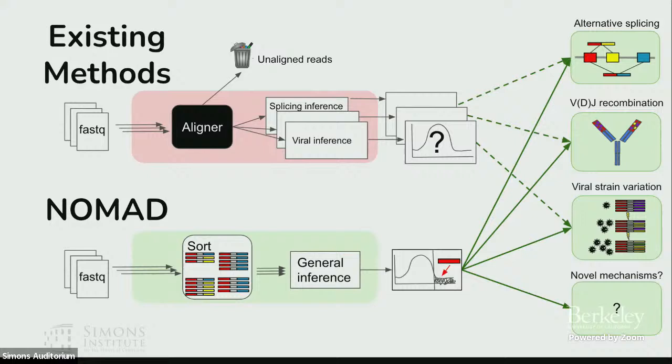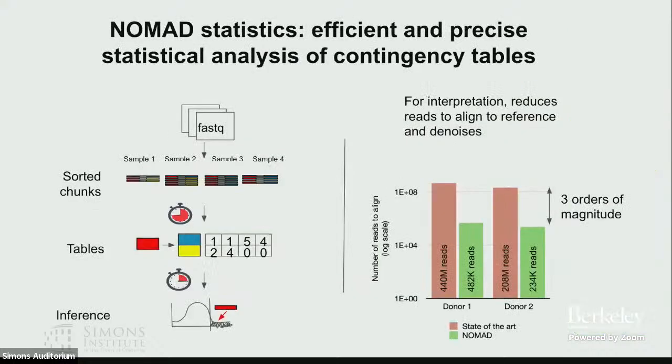And in the same algorithm, as I'll tell you about now, it has allowed us to detect alternative splice variants more powerfully than the state of the art, VDJ recombination, which is the basis of how antibodies and T cells are generated, viral strain variation, and other examples, again, that I don't have time to tell you about.